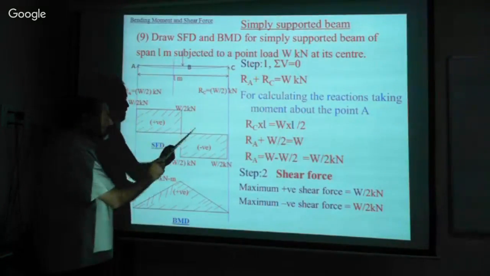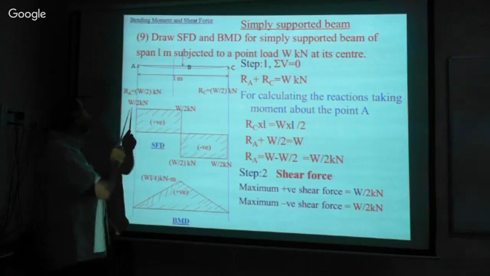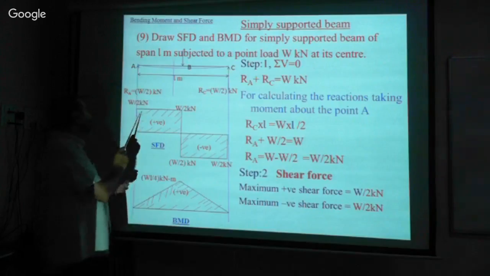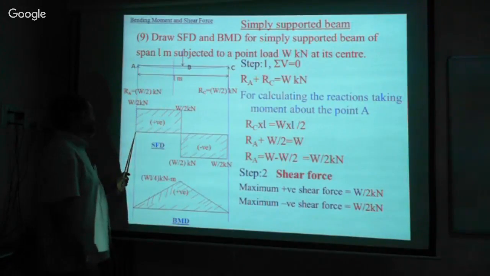Take a zero reference. From zero, RA, W by 2 kilonewton, is acting upward. Therefore, let us go up by W by 2 kilonewton.